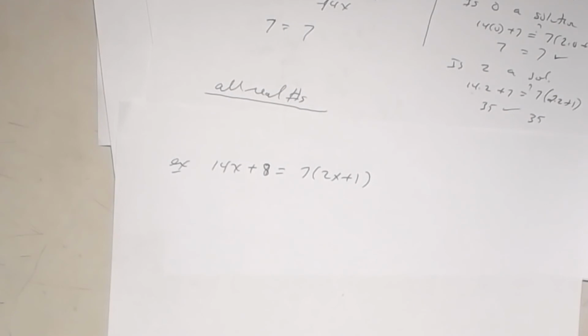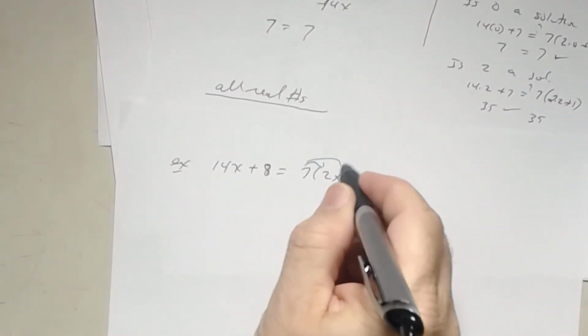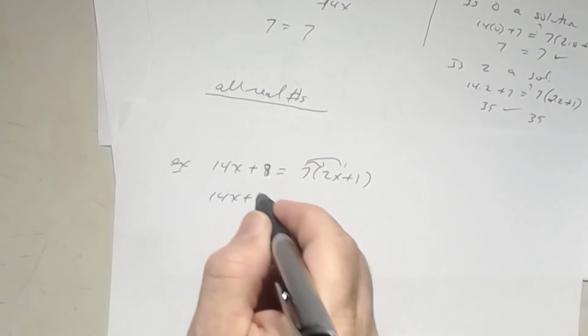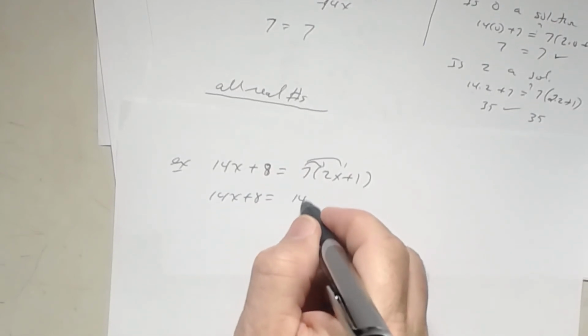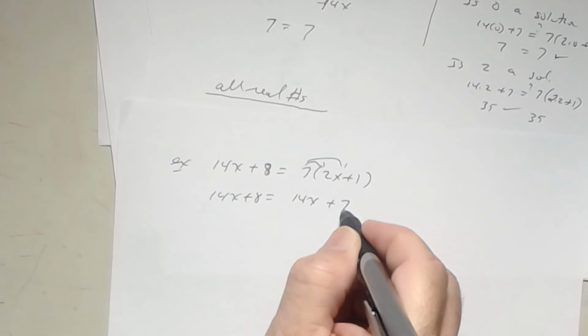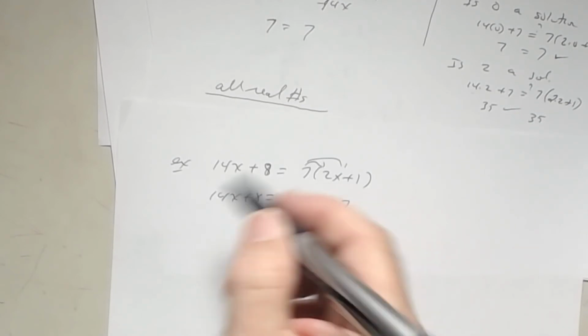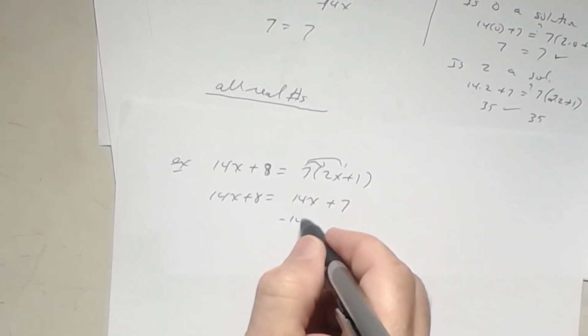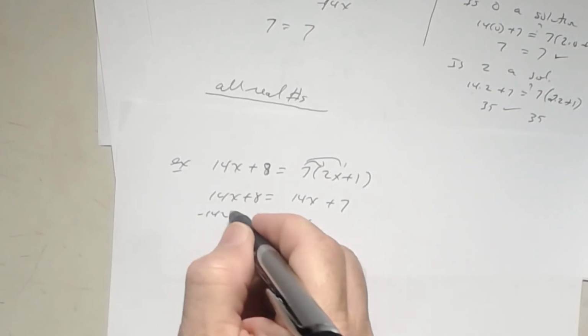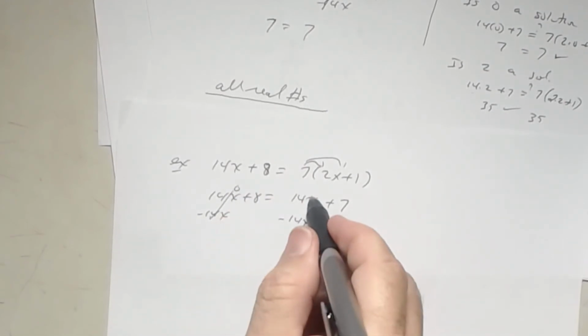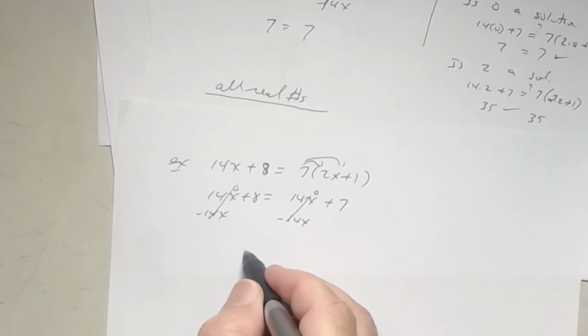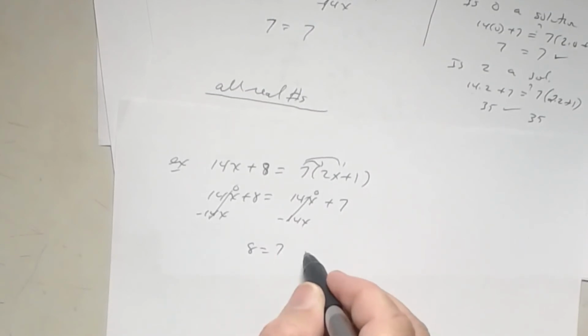What do you have to do first? Distribute. And so I get 14x plus 8 is equal to 14x plus 7, right? And just like we did before, you would probably say I'm going to subtract 14x from both sides, correct? Combine like terms. But what statement do you have left, though?